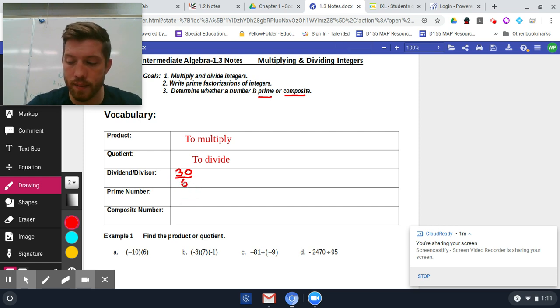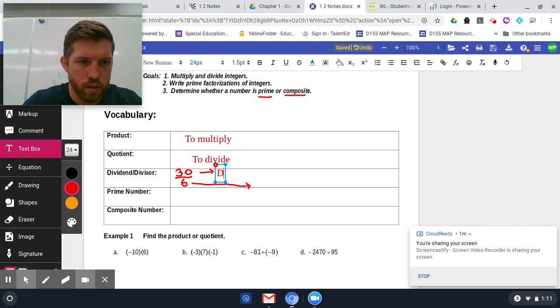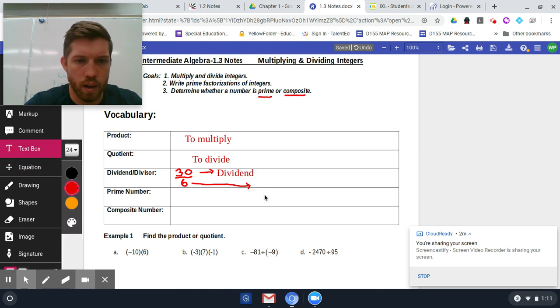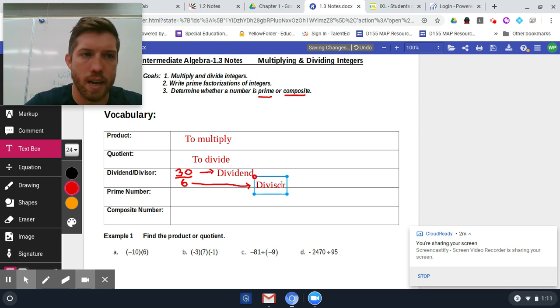The dividend is the top number, and the divisor is going to be our bottom number. So we go ahead and add a text box in here. And we have our dividend, and then we also have our divisor. Now, it'd be nice if math just said top number and bottom number, but that's not the case. So we got our dividend and our divisor.